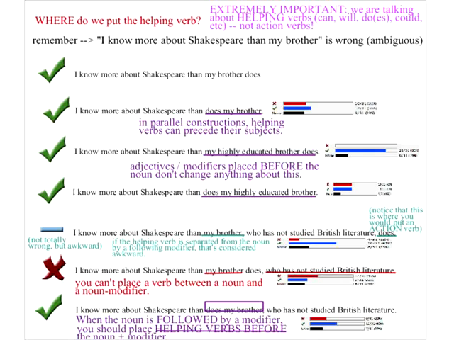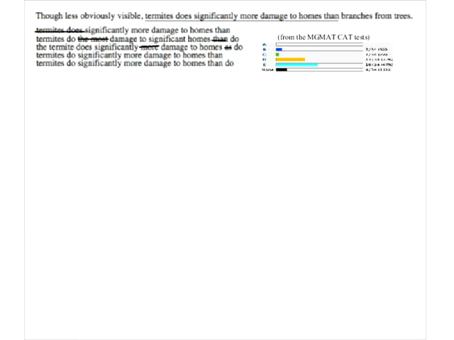Okay. So here's the deal here. In this case, do we need the helping verb? Yes, because D is ambiguous. It could be "termites do more damage to homes than they do to branches." In other words, the termites, or, that's supposed to say or, not on.